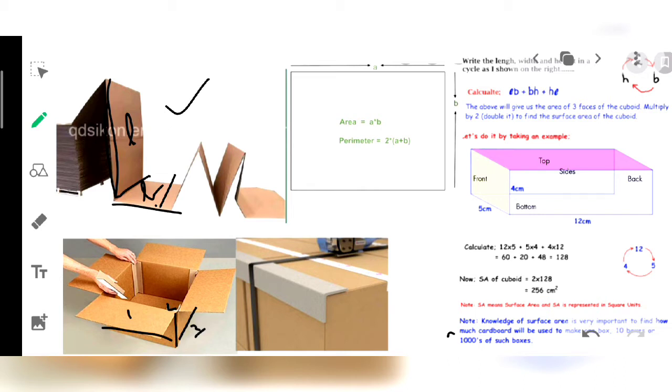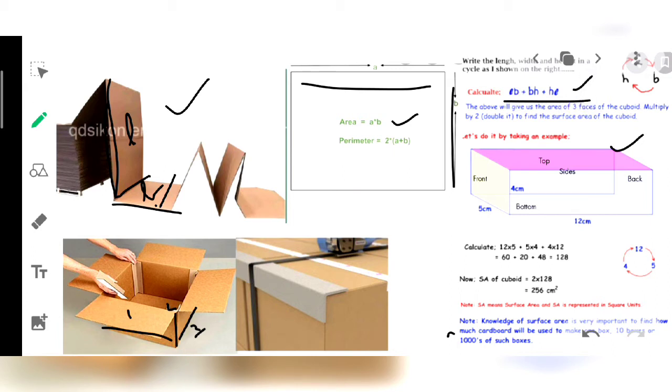We have already seen in our previous classes that when we calculate the area of the square, we just take the length and the breadth of the square, which is a into b. Likewise we find the area of the square shape. To find the surface area of the cuboid, we take length into breadth plus breadth into height plus height into length.